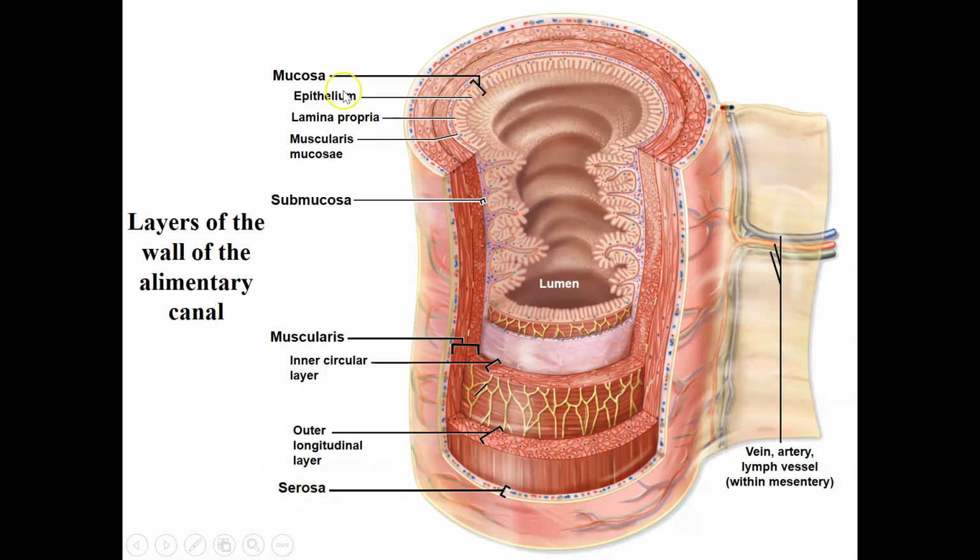So the mucosal membrane can be further subdivided into an innermost epithelium, called the mucosal epithelium. That's supported by a lamina propria, which is a loose areolar connective tissue. And then below that is a very thin layer of smooth muscle called the muscularis mucosae.